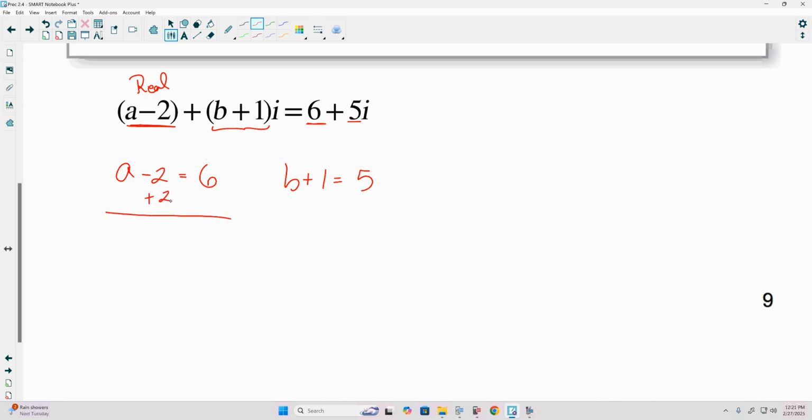So here we can add 2 to both sides, telling us that a is 8, and b is 4. So we're just matching up the two sides of the equation to see what's going to take a's spot and what's going to take b's spot, and compare those together. Questions on this here?